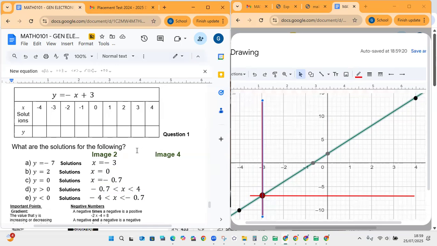And we'll do that now in another video. But please take note, whenever they ask you for solution, they want the x values. So when y is equal to -7, what is the x? What is the solution? -3, etc.